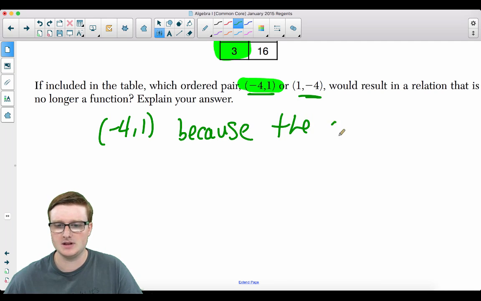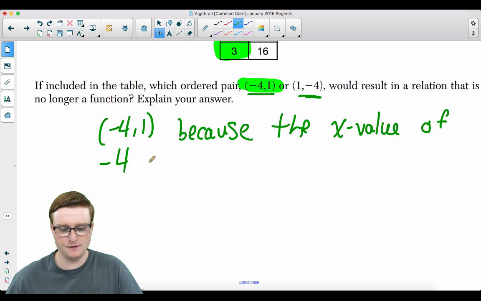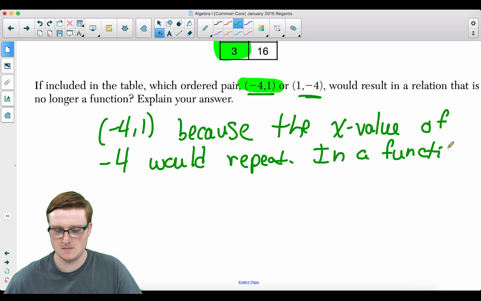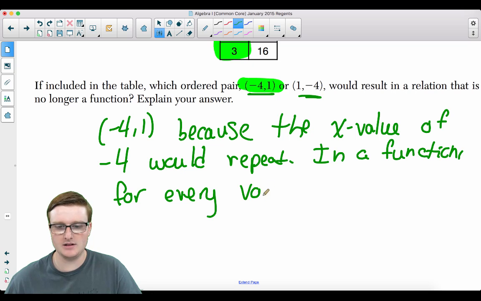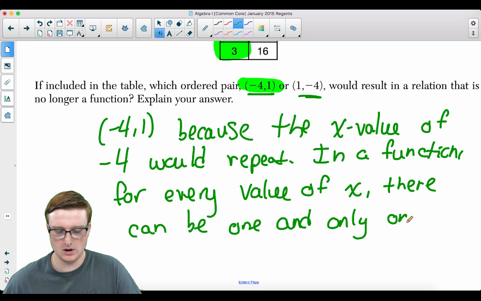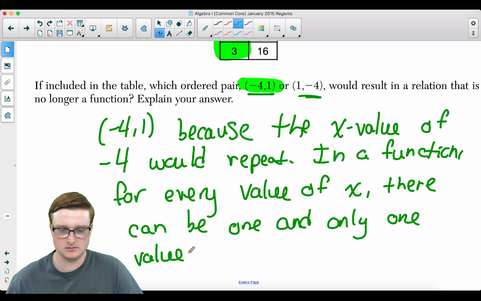because the x value of -4 would repeat. In a function, for every value of x, there can be one and only one value of f of x.